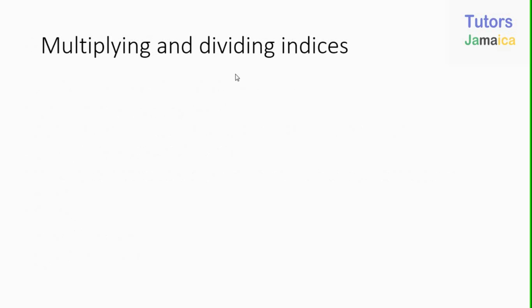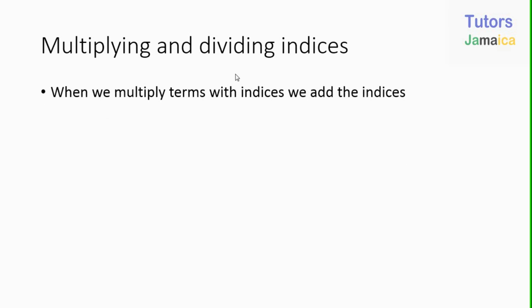So, multiplying and dividing indices. Let's start with multiplying. When we multiply terms with indices, what we do is add the indices. For example, x squared times x cubed is equal to x to the 2 plus 3, which is equal to x to the 5th power.